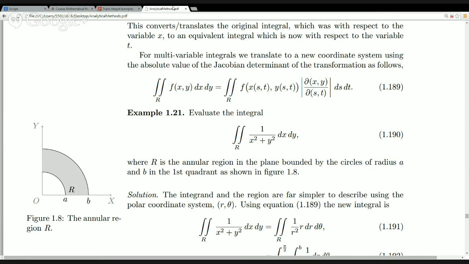And what are the limits for a sphere? Well, there's the round sphere here. It's the angle phi, it's the angle theta. We normally think of this angle phi as the angle off the positive z-axis. So we'll go from 0 to pi there.